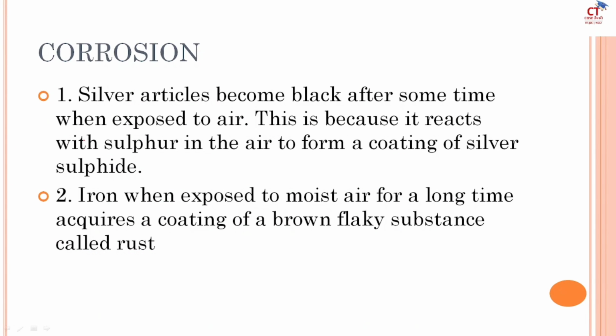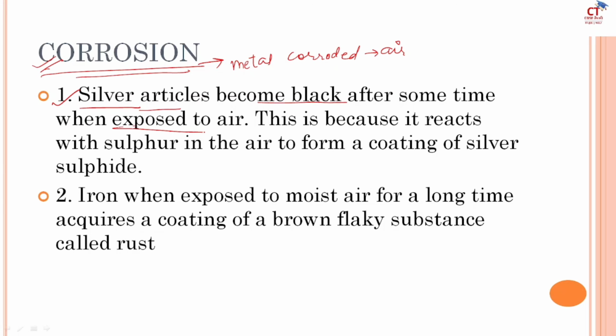The next topic is corrosion. We have also learned about it in chapter 1. Again, let's recapitulate what corrosion is. A metal gets corroded when exposed to moist air for a longer period. For example, silver articles become black when exposed to air.